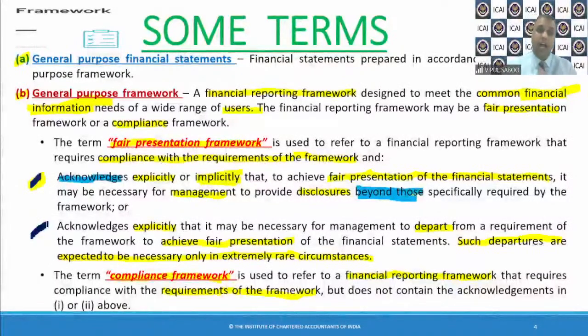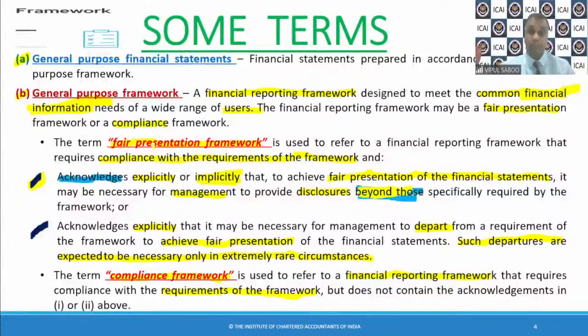But when we have to do something different, the management needs to disclose, move beyond some disclosures, or we have to depart from that requirement. When these two are acknowledged, it is a fair presentation framework, because we want our financial statements to be completely transparent and fair.